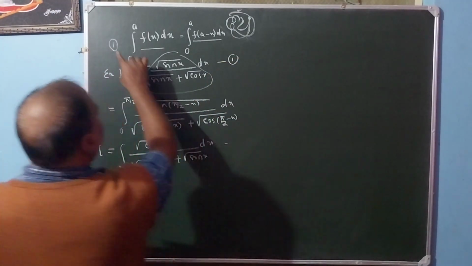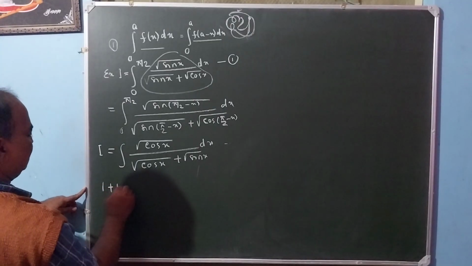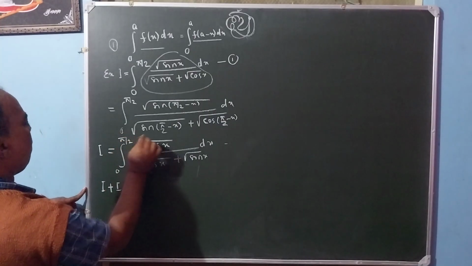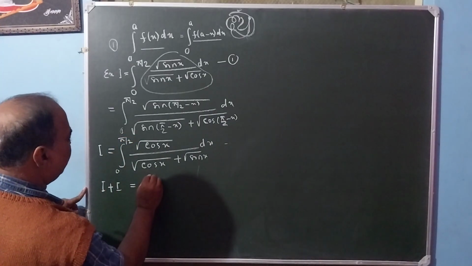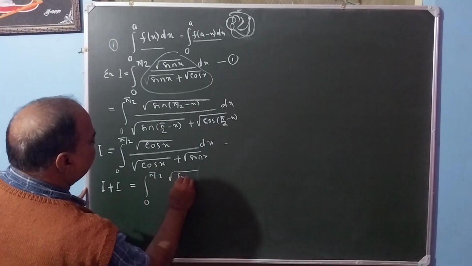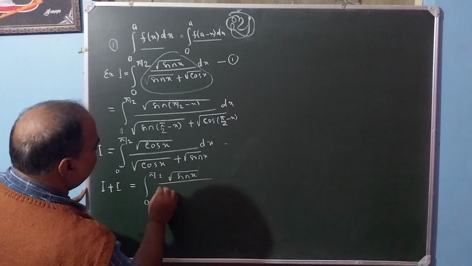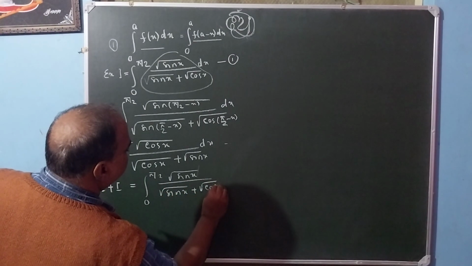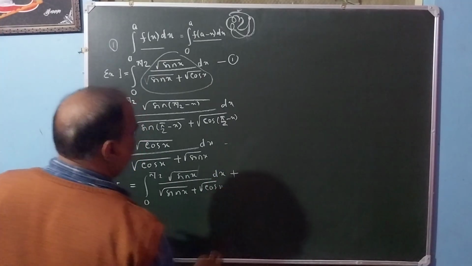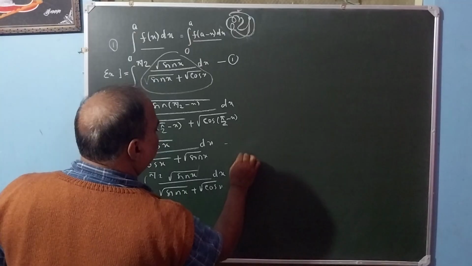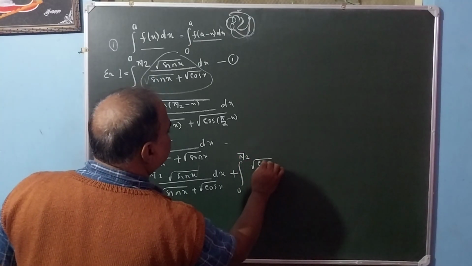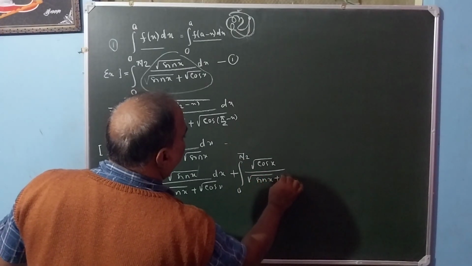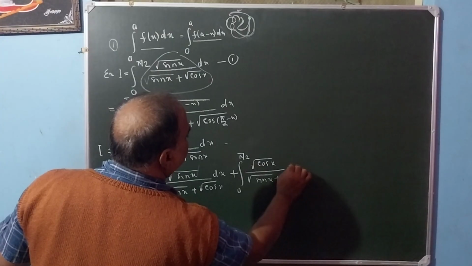Now adding I plus I, it is 2I. Adding the same, I plus I will be integration from 0 to pi by 2 root over of sin x divided by root over of sin x plus root over of cos x dx plus integration of 0 to pi by 2 root over of cos x divided by root over of sin x plus root over of cos x dx.